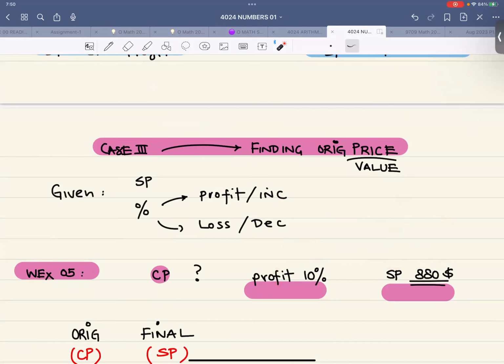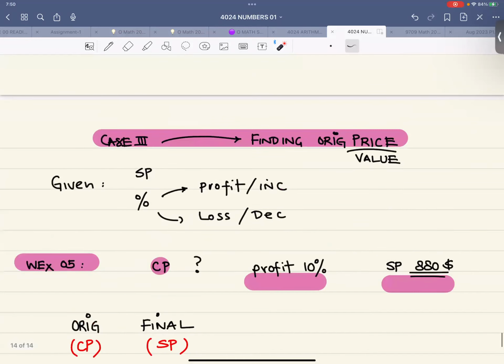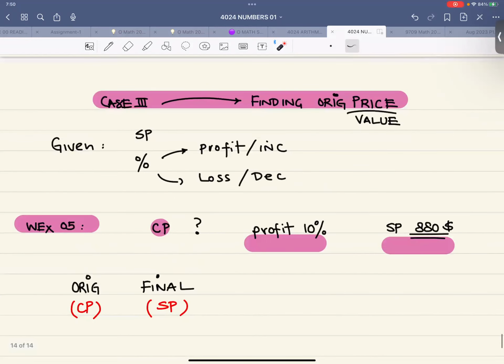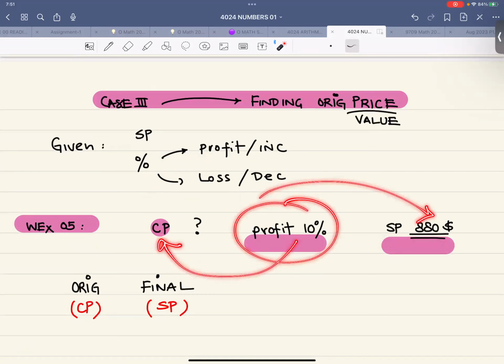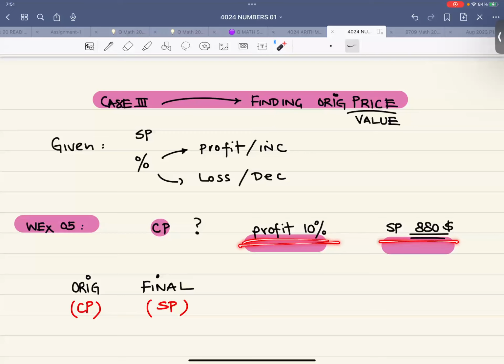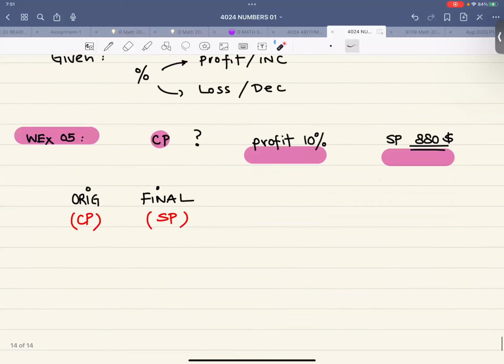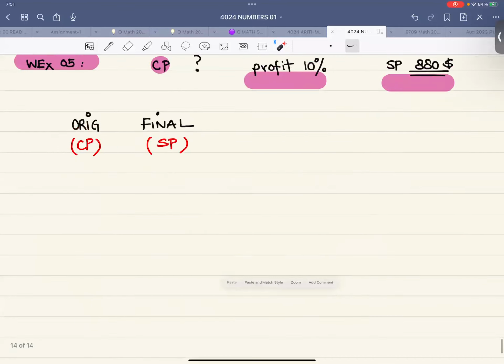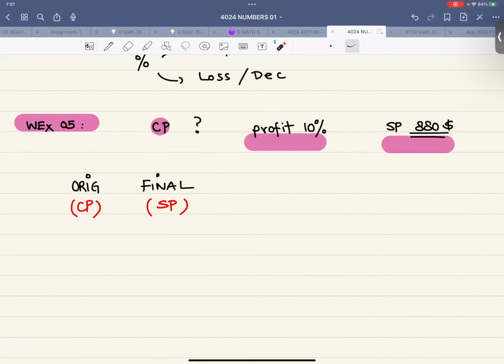That is perfectly wrong. The reason is that we always calculate percentage of the cost price. We can never calculate the percentage of selling price, because the profit on the cost price gave us this. So how can we take a percentage of $880? That's not possible. Let me first explain it the easy way, and then I'll explain the extended way.